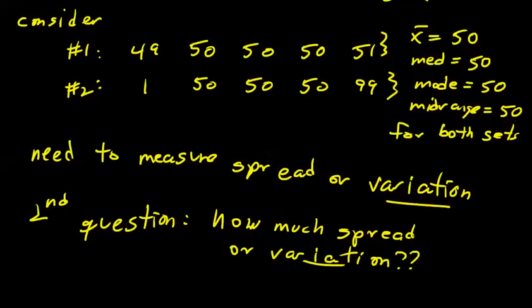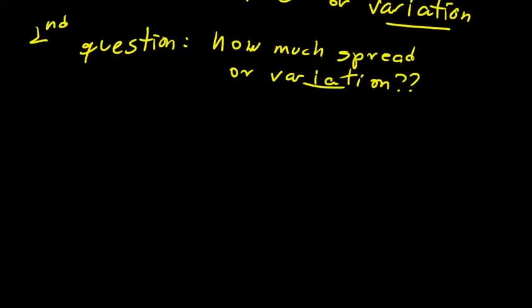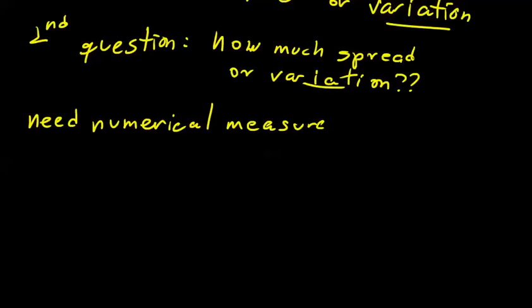And as we'll see, there's a few ways we can measure that idea and attach an actual number on that. All right, we need a numerical measure of spread, or of course, variation.